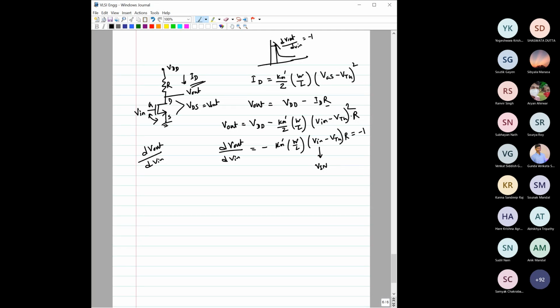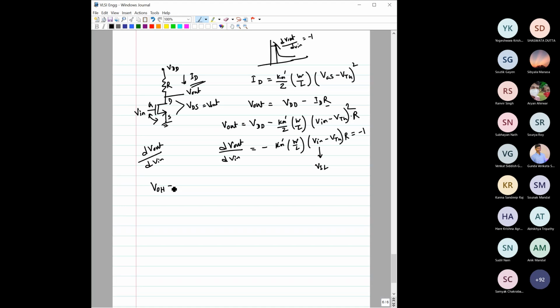So actually, what was our motto? We wanted to find what? VOH. And at the same time, we also want VIL. Right. So we have to find this VOH.